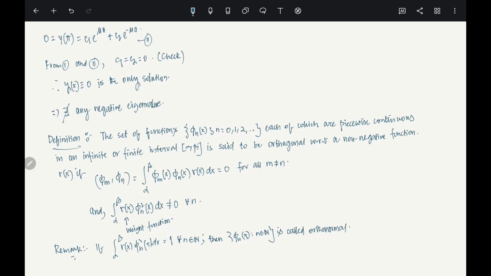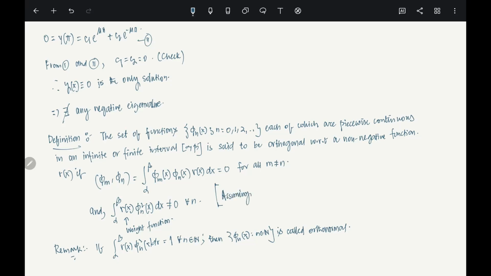Now one small detail we need to understand here is this. For something like this to happen, the integral from alpha to beta of R(x) times phi n squared, let's say it is summable. For something like this to happen, we will assume that R(x) only has a finite number of zeros. So this is assumed.